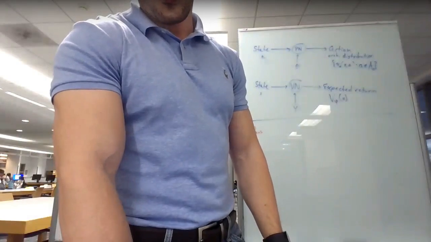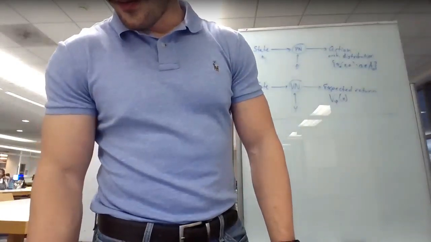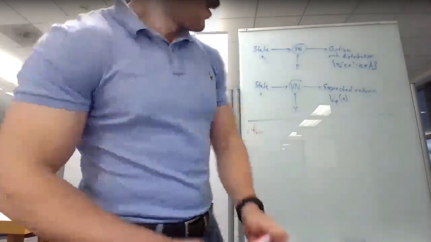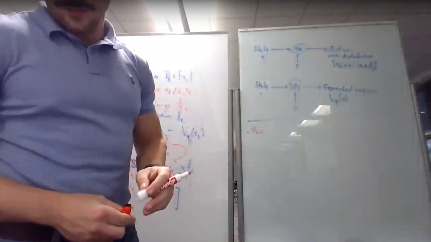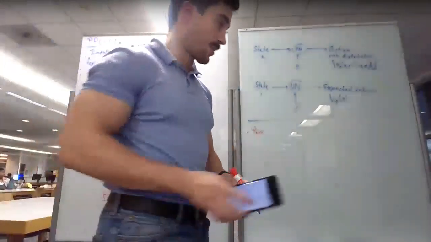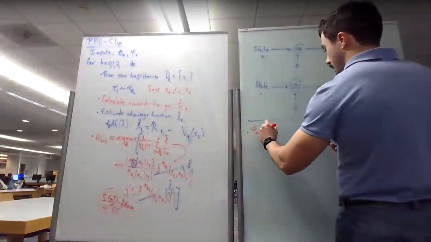Okay. So now for the value function update, you want to do the same kind of thing, but now instead of maximizing, you're minimizing.